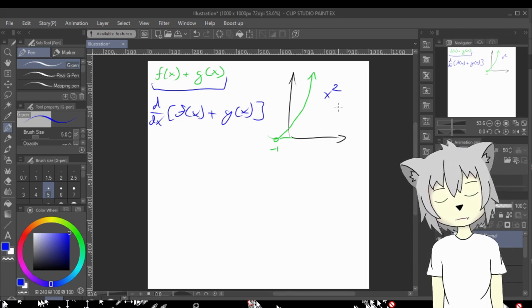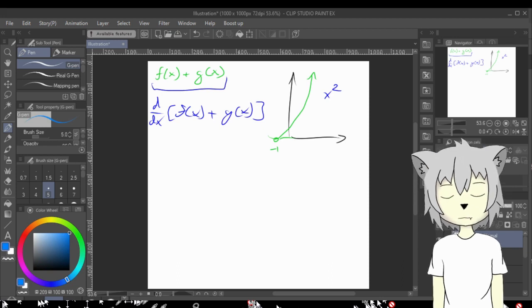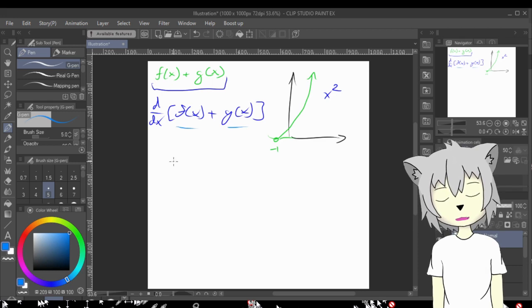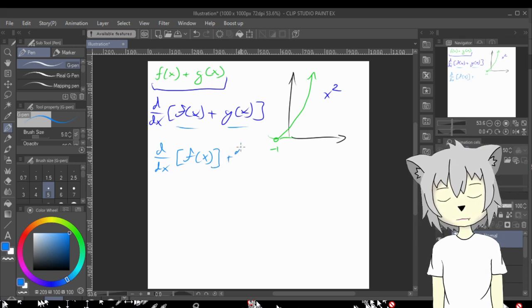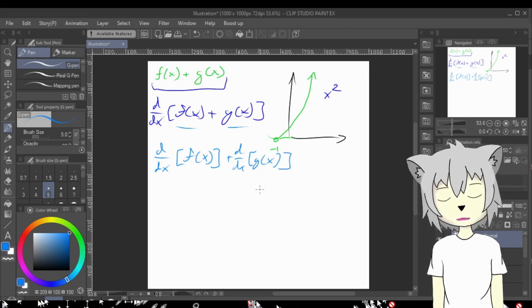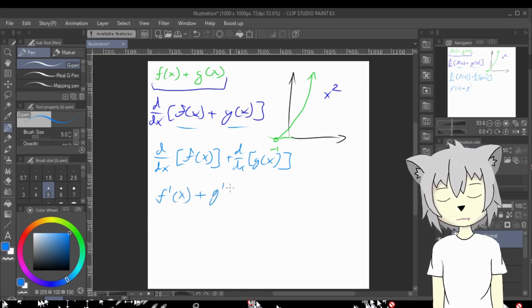Basically, the derivative of two functions added together is just the derivative of that function plus the derivative of that function, which makes it easy to do. You don't need any complex thing to plug back in.